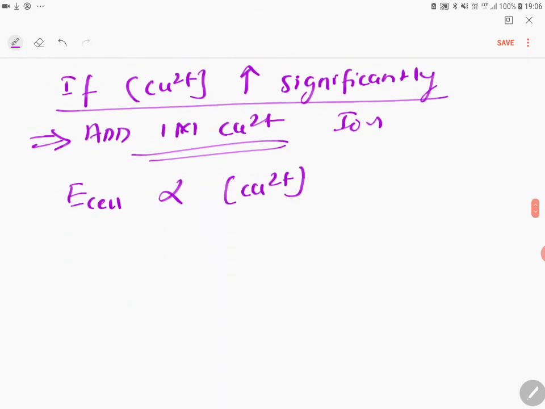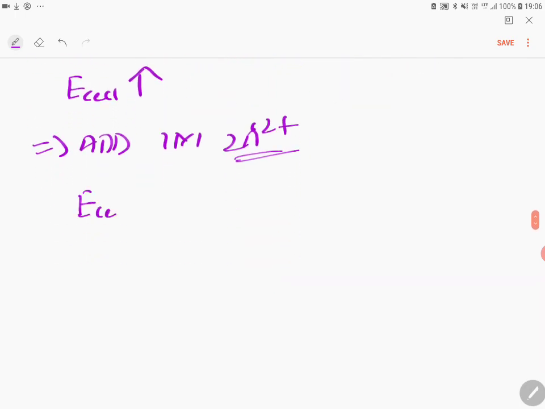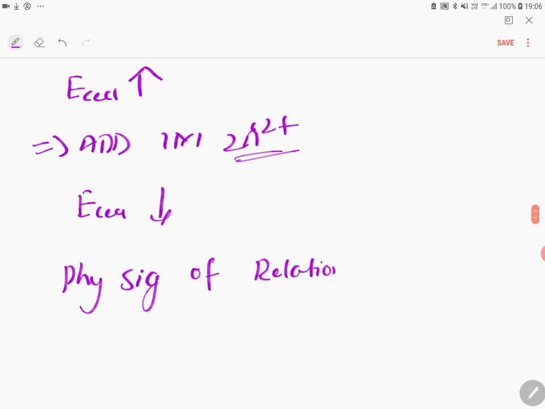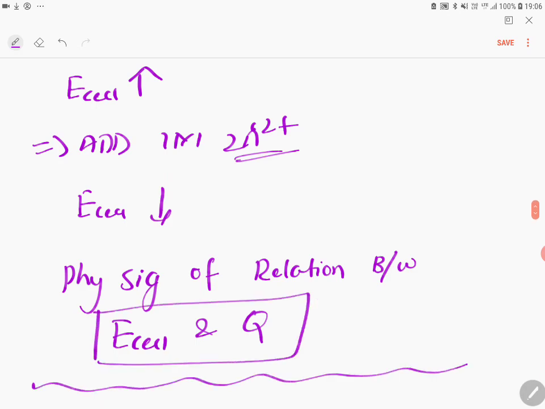That means if I add extra Cu2+ from outside, E cell increases. At the same time, if I add extra 1 molar zinc 2+, which is in the denominator, what will you get? E cell will decrease. So this is the physical significance of the relationship between E cell and reaction coefficient Q. Okay, thank you.